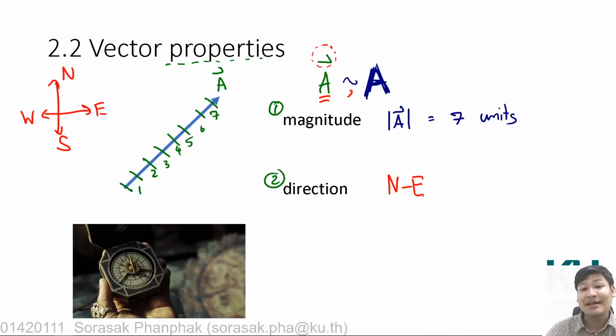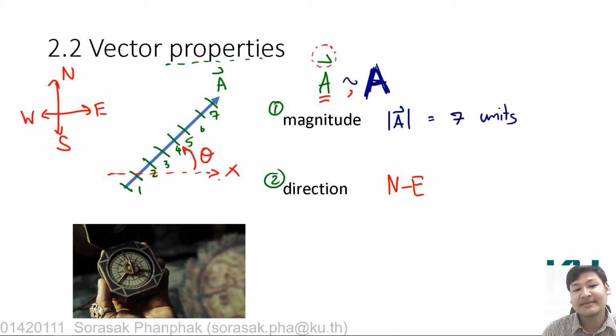But the direction here is not quite precise, because if you would like to quantify or measure physical properties, you need to identify it precisely. In this case, we use the angle to represent the direction. You can have the angle from the x-axis or horizontal axis, or it can be from the vertical axis. It depends on your definition.